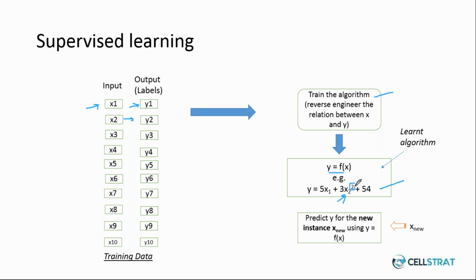Compared to y and x1, it is a linear relationship, x1 to the power of 1. However, x2 is different. x2 is squared, so it's a polynomial relationship. Polynomial means this kind of curve. So compared to x1, y is simply 5x1, but compared to x2, y is 3x2 squared.